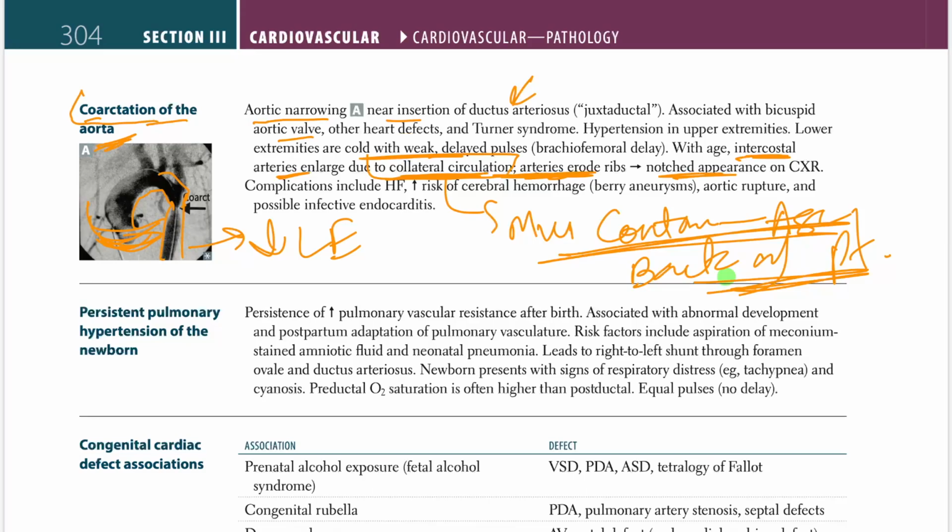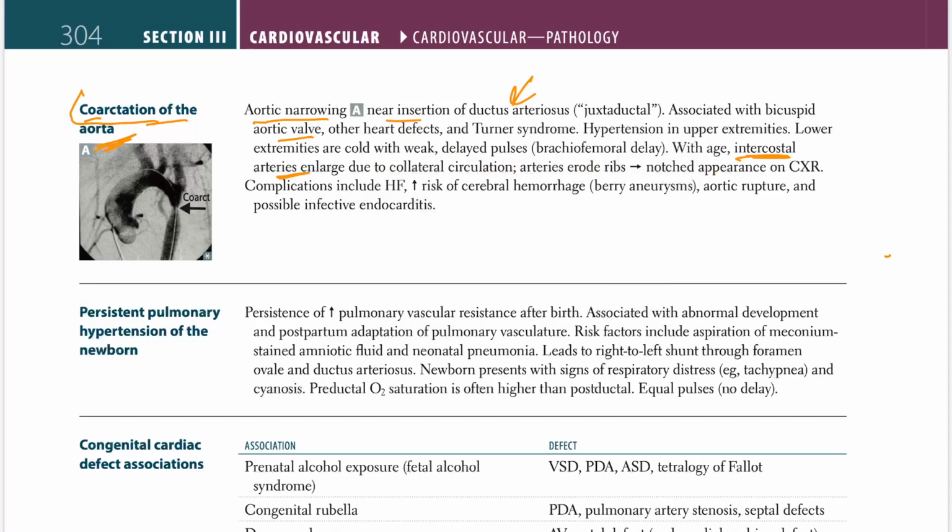Okay, what else might be there? So now let's look at the complications. Complications, we said, okay, we have heart failure, we have berry aneurysm, and aortic rupture. Because you have a coarctation here, the left ventricle will undergo hypertrophy because it's trying to push that fluid here, but there is coarctation, it's narrowing, so it can't push.